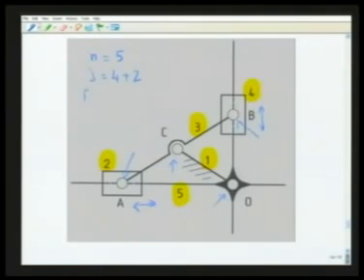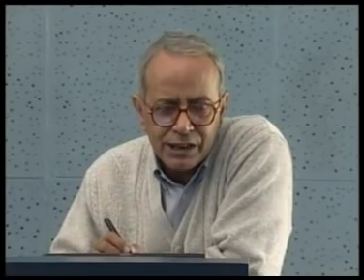Thus F turns out to be, according to the formula, 3 times (5 minus 1), that is 4, minus 2 times J, that is 6. That is F equal to 12 minus 12, which is 0. So without any special dimensions, this will be a structure. There should not be any mobility, any relative movement.